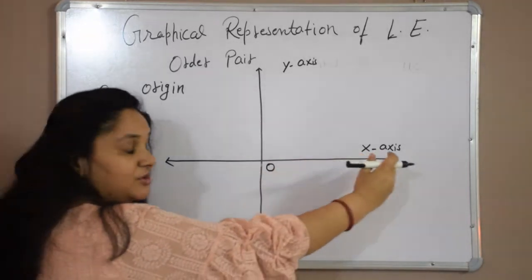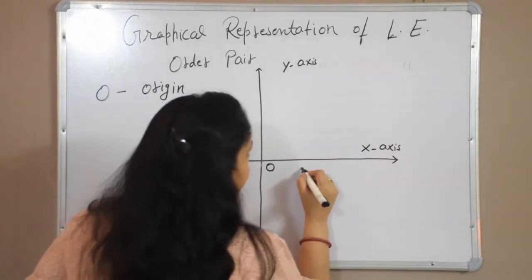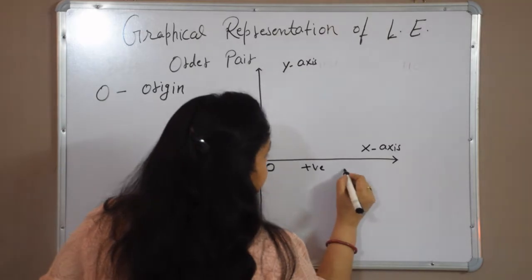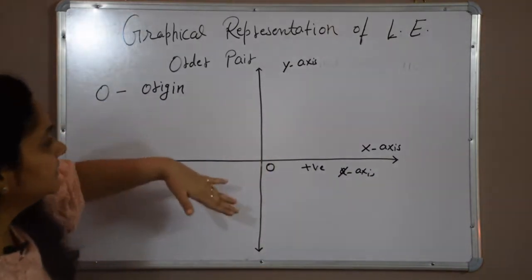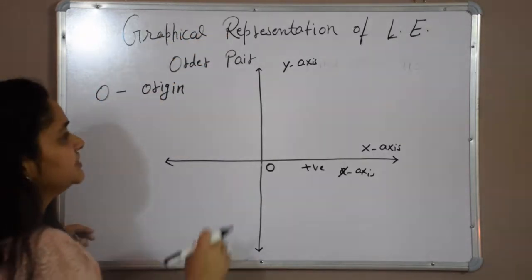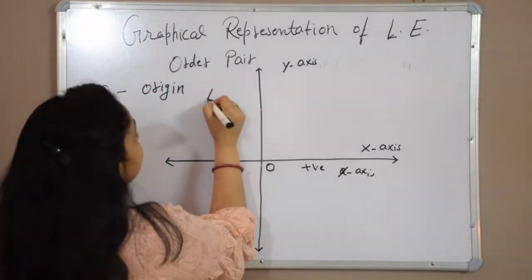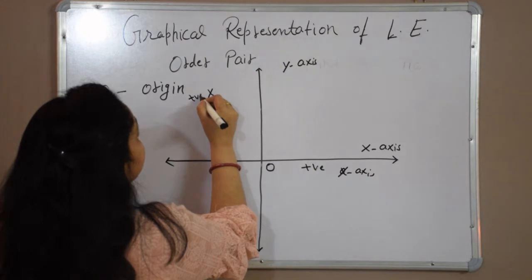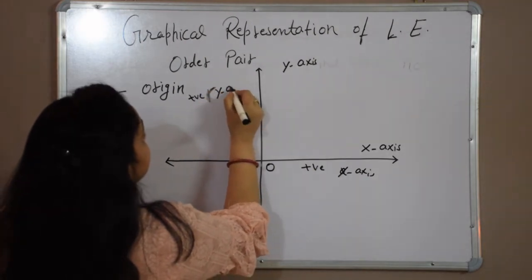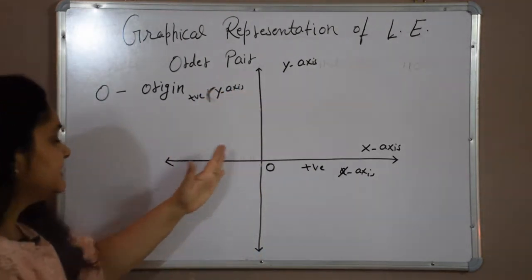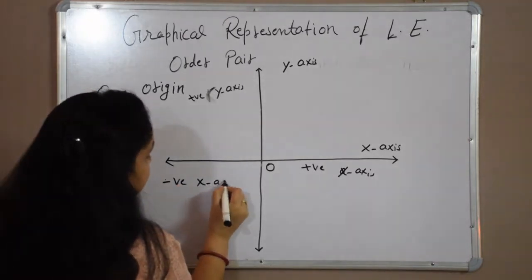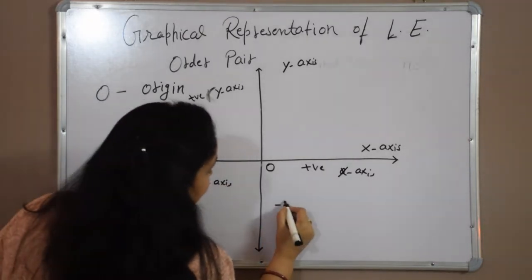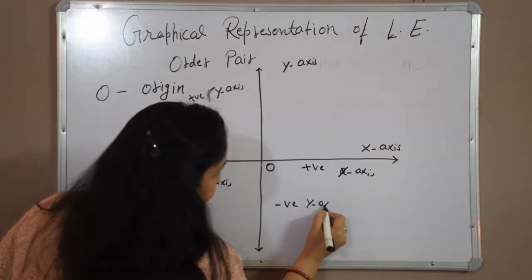On the right of origin we are having positive x-axis, and in the upward direction it is positive y-axis. Here it is negative x-axis, and here it is negative y-axis.